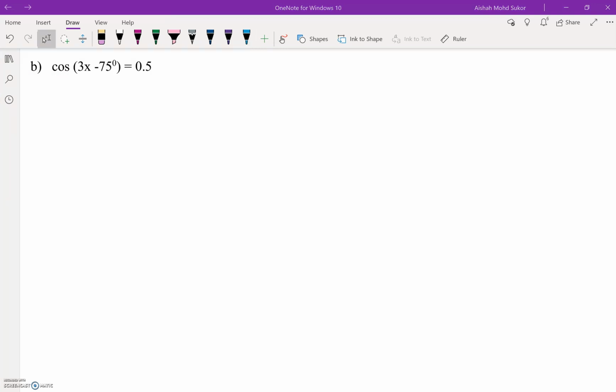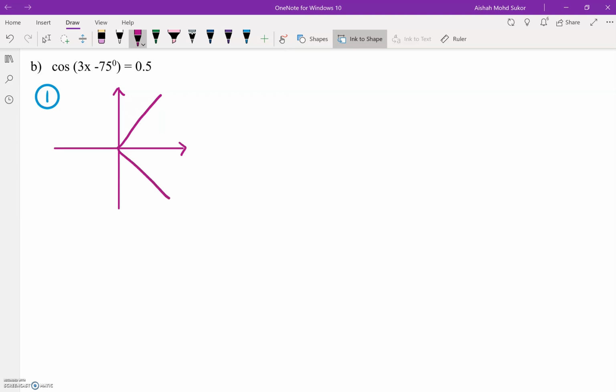B. Cos of 3x minus 75 degrees is equal to 0.5. So our first step is to identify the quadrant. 0.5 is a positive number. Cos positive will be in the first and fourth quadrants. The next step is to find the basic angle of 3x minus 75 degrees.